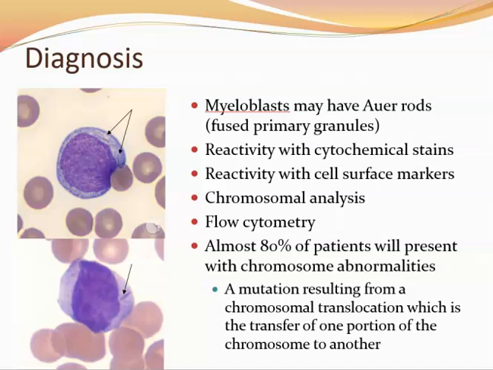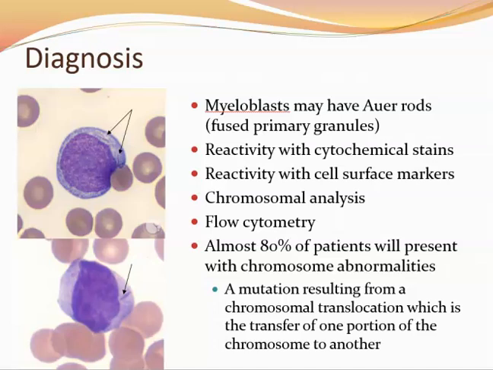We also use reactivity of cytochemical stains to help classify the type of leukemia and the cell lines that are affected. We also use reactivity of surface cell markers on the cells. We use chromosomal analysis of a patient to help a diagnosis. We use flow cytometry. We've talked about flow cytometry in the past.